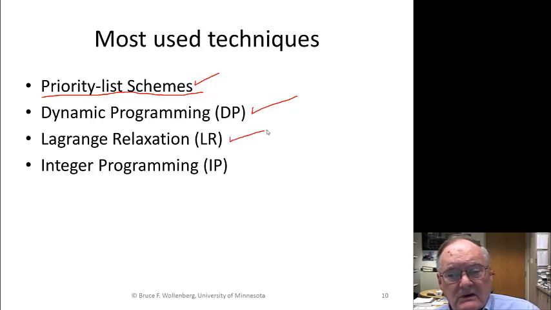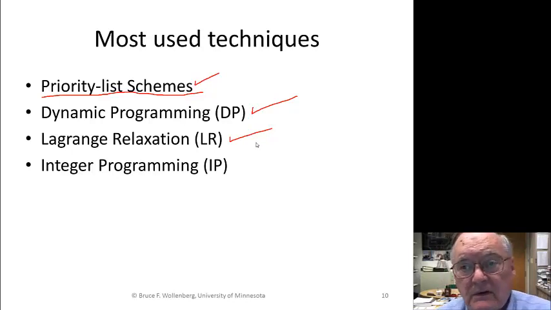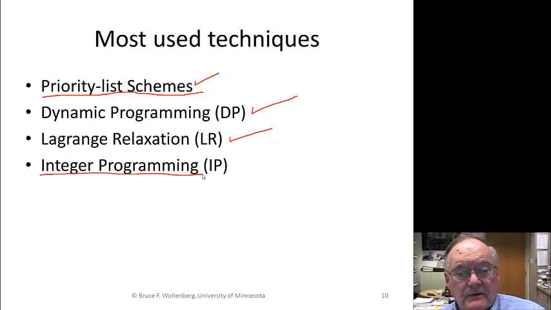Lagrange relaxation came in the late 1970s, early 1980s. There was some work that had been done at MIT on Lagrange relaxation, and it gave us even more improvement in the solution. Lately, there have been advances in the art of computer programming to be able to solve what are called large integer programming problems. It's a very, very difficult kind of program. We've talked before about linear programming and dynamic programming.